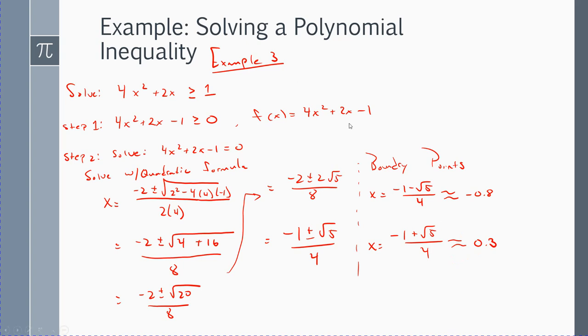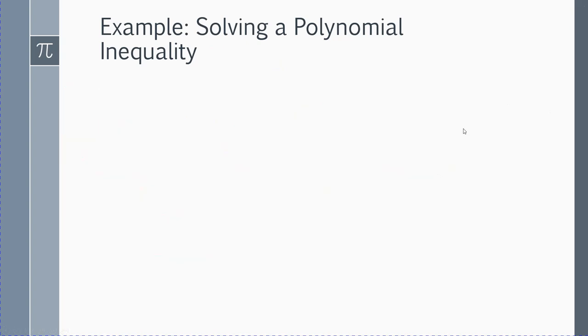Okay. So now, even though you've got these crazy values here, you still set them up on a number line. So step 3, the number line. One was -1 minus the square root of 5 over 4, and the other value was -1 plus the square root of 5 over 4. And just to help see, this is roughly -0.8 and this is 0.3.